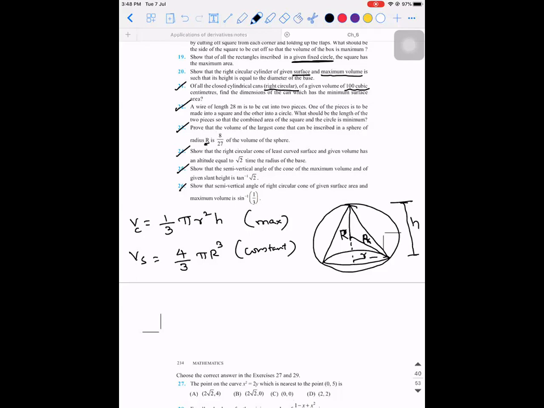So how do we proceed? Any idea? Sir, I think we use that height ratio 2:1, 2r is equal to H. Why? It is not 2r. Sir, can we use that the largest cone that can be inscribed in a sphere is 8 by 27 of the volume of the sphere? That is what we need to prove.